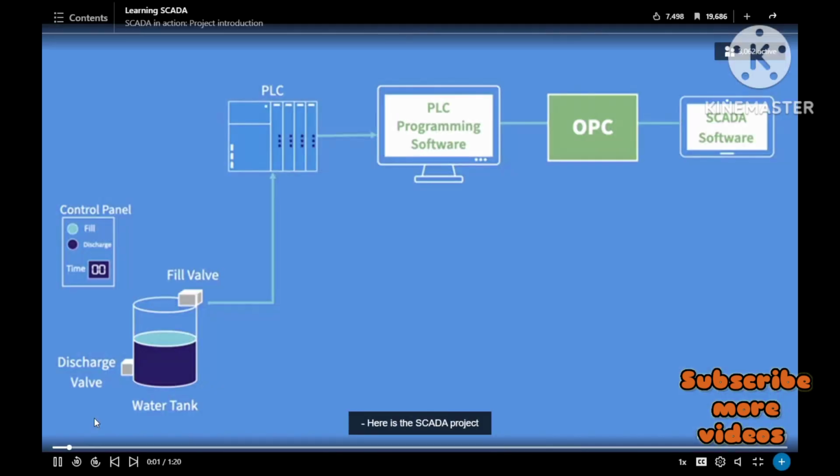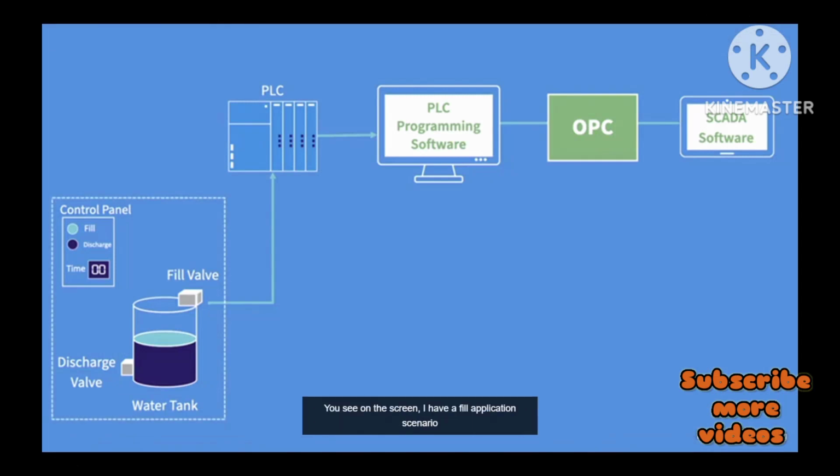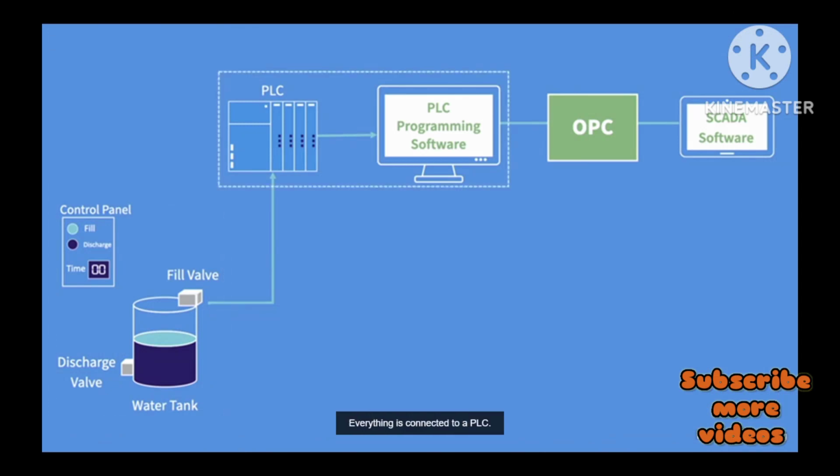The SCADA project I'm going to cover in details in Chapter 4. You see on the screen I have a field application scenario, filling a water tank. Everything is connected to a PLC, and I use a PLC ladder logic programming software to program the process. Then using an OPC to transfer the data to a SCADA software for monitoring.